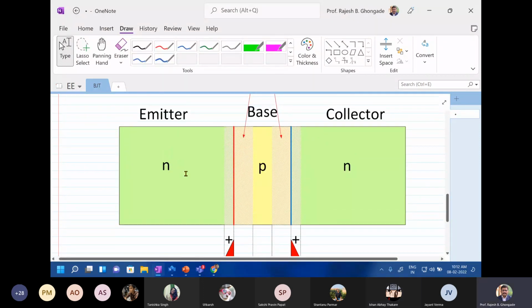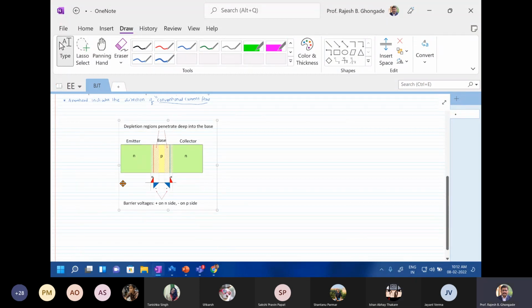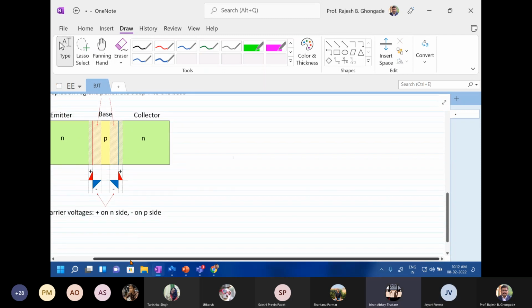What is the picture that emerges is something like this. Are you able to see the figure? Yes, sir. Okay, this is for the NPN, right?